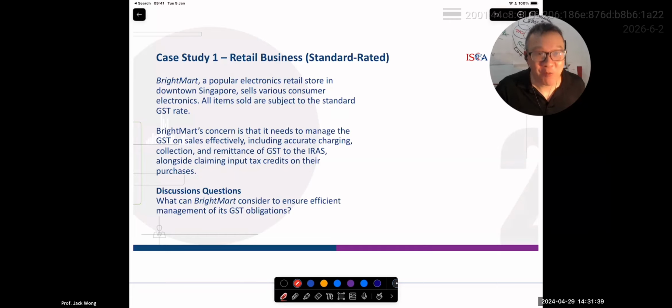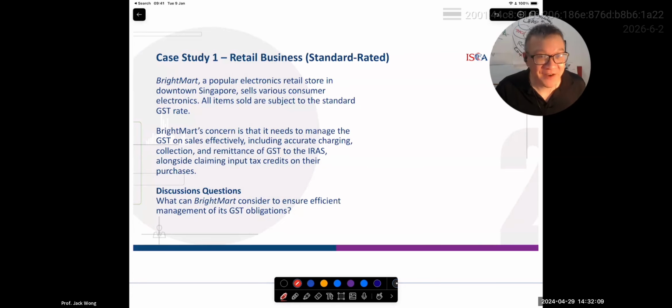I mean, automation is actually preferable, because when you involve human beings, the chances of human errors would affect your GST compliance. So I think the easiest way to say is to automate the process and to ensure minimal human errors, and ensure that GST is properly accounted for.